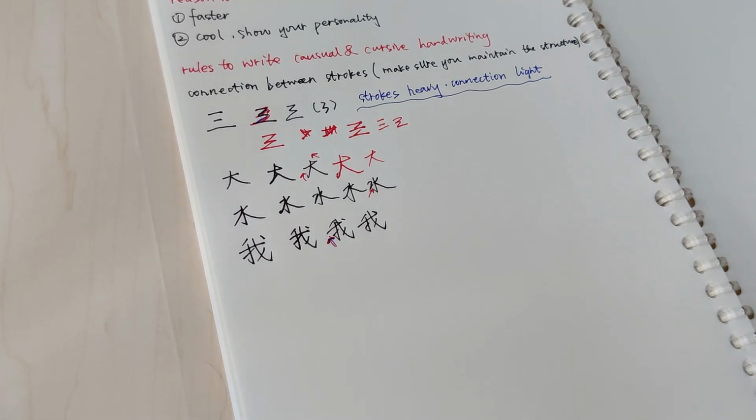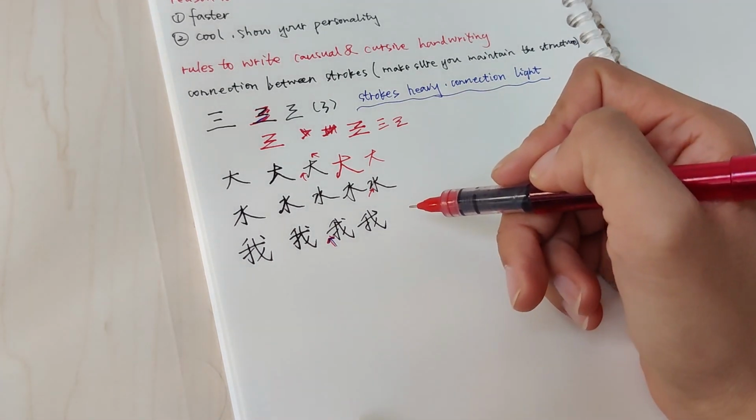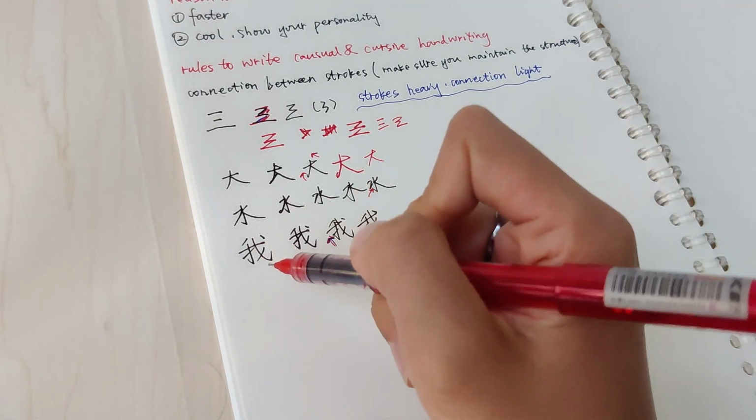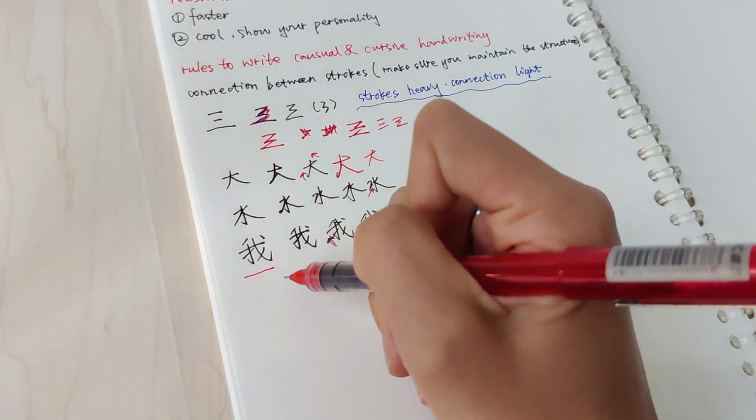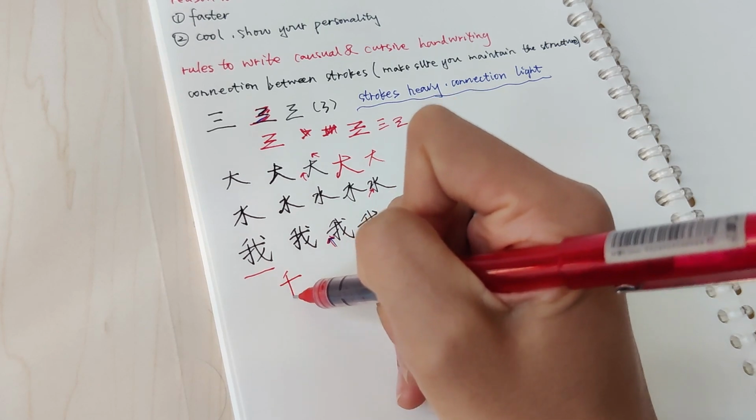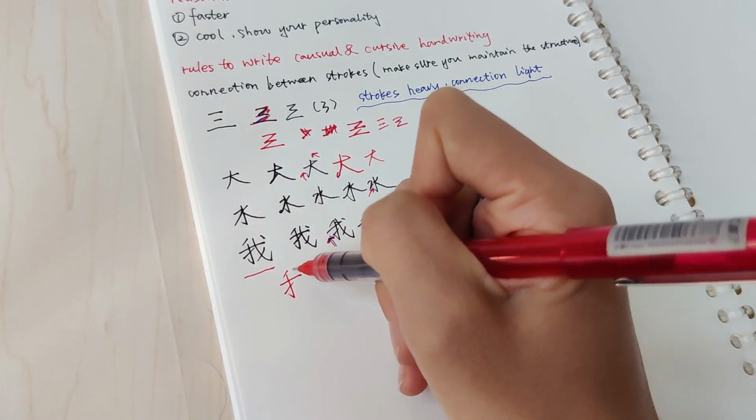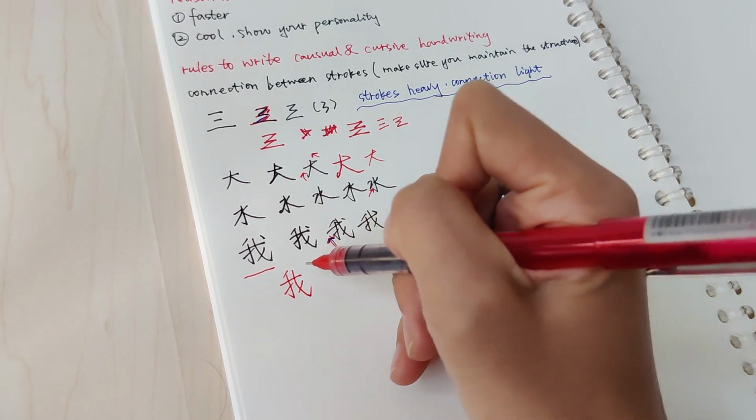And to write the cursive Hanzi, there is one very important condition, that you have to understand the stroke order. Because take the Wo, for example, the stroke order of this, it's always the first one, second, third, fourth, fifth, sixth, seventh.